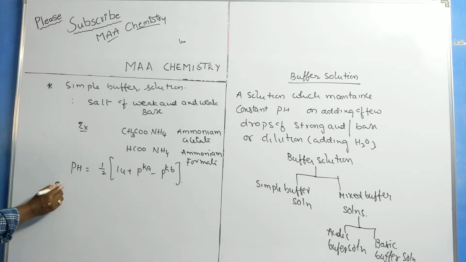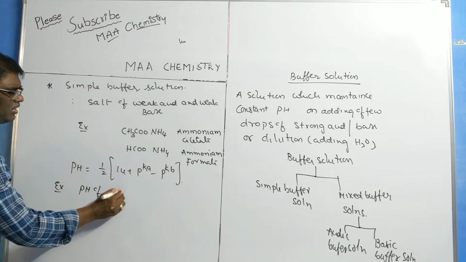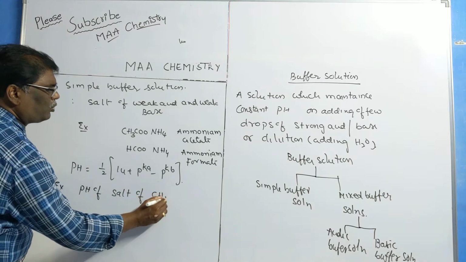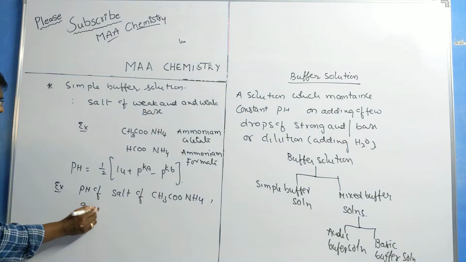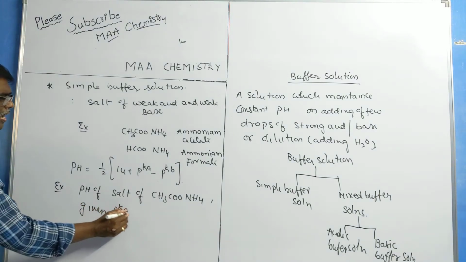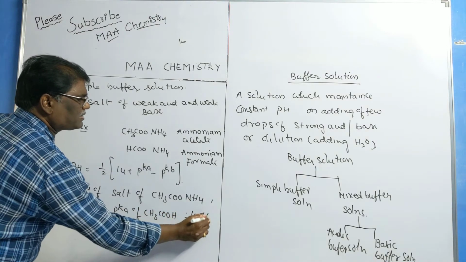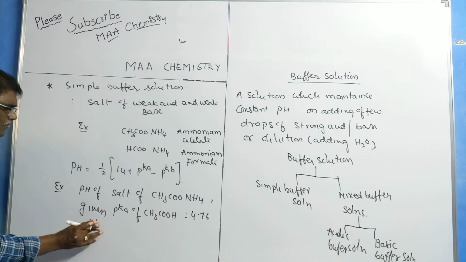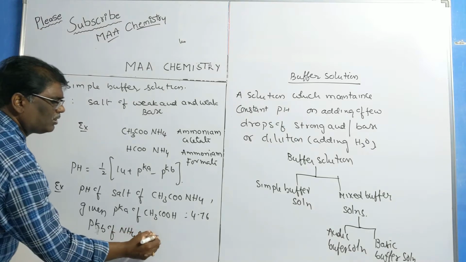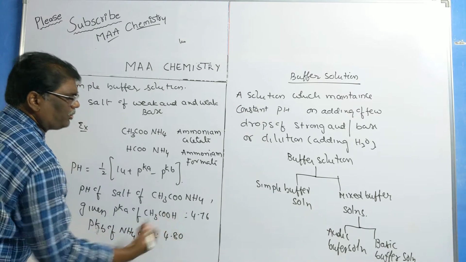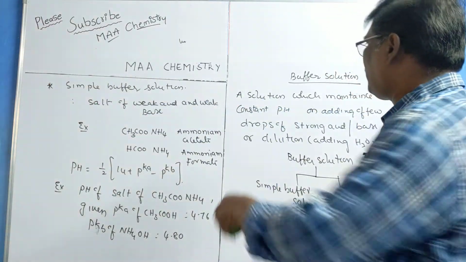The example is, let us suppose they ask to calculate the pH of a salt, ammonium acetate, given the pKa of acetic acid is 4.76 and the pKb of ammonium hydroxide, let us suppose, is 4.80. These are the values given. With the help of these values, we have to find the pH.